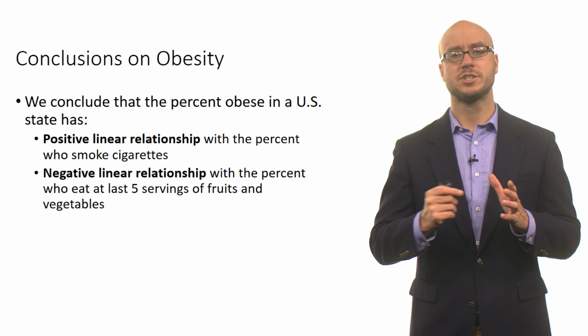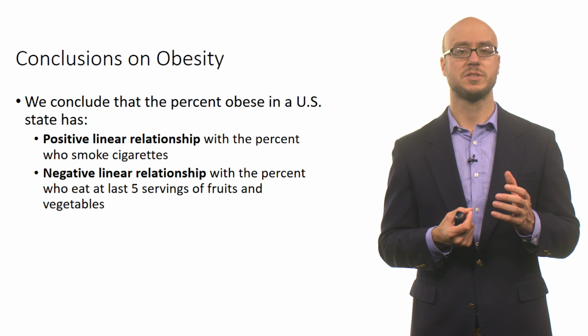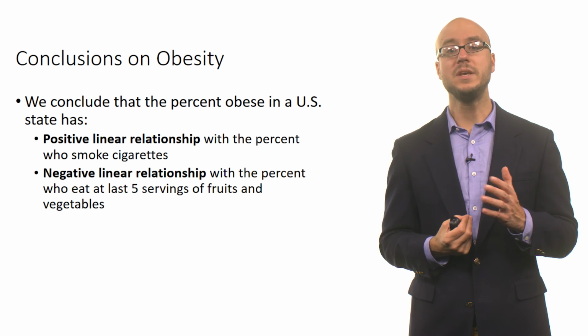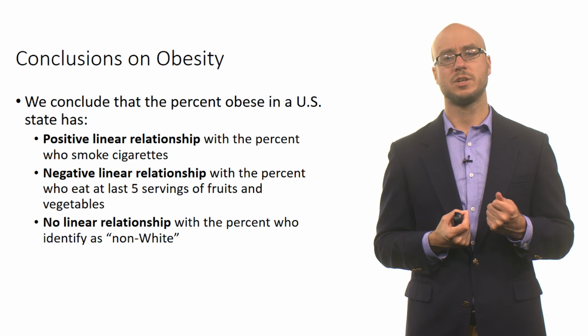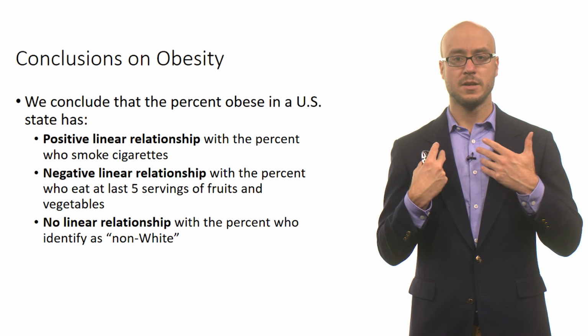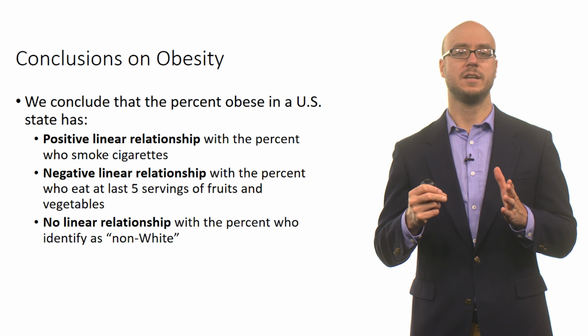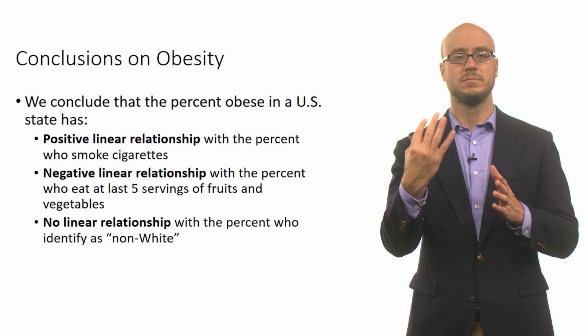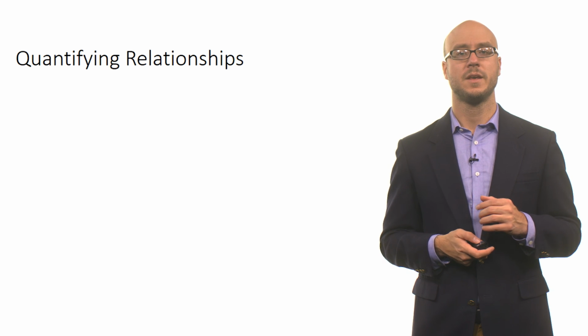So as the percentage of people who report eating at least 5 servings of fruits and vegetables increases, the percent obese decreases. And then finally, we can say that there's no linear relationship with the percent who identify as non-white and the percent obese. So as the percent who identify as non-white increases, there's really no change overall for the percent who are obese.